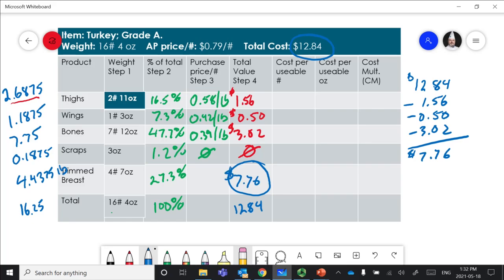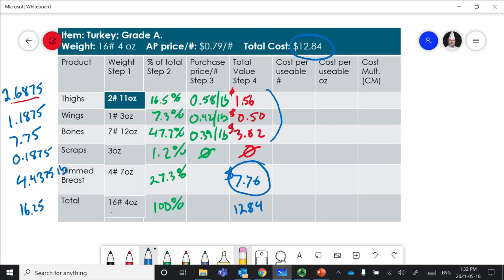So what did we pay essentially out of this $12.84 for our 4 pounds 7 ounces of trim breast? $7.76. That's what 4 pounds 7 ounces is worth, $7.76, because this stuff here, we used it, but everything has to add up to that $12.84, right? So once we know that this is $7.76, we got 4.4375 pounds for $7.76.